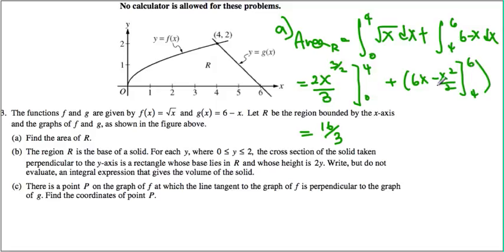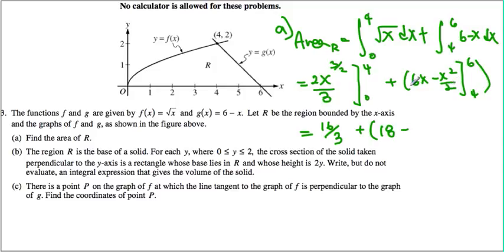How about 6? So plus, when you plug in 6, it becomes 36 minus 6 squared over 2, which is 18, then we get 18 for the first value. If you plug in 4 over here, 24 minus 16 divided by 2. 16 divided by 2 becomes 8.